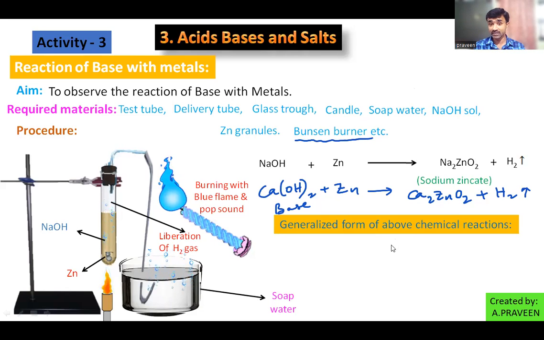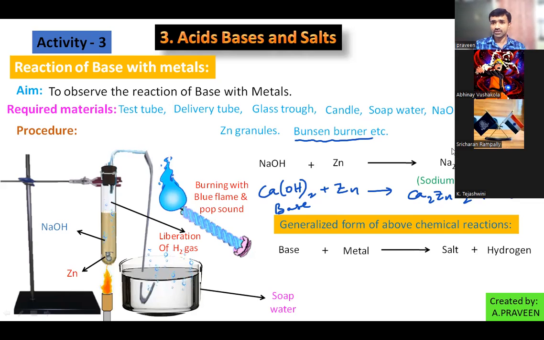The generalized form of the above chemical reaction is simply a base reacting with zinc, that is, a metal. A base with a metal produces a salt and liberates the gas called hydrogen. So this is the generalized reaction. Is it clear, everyone?